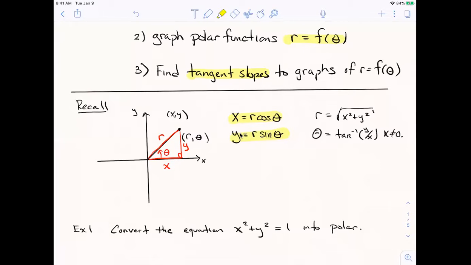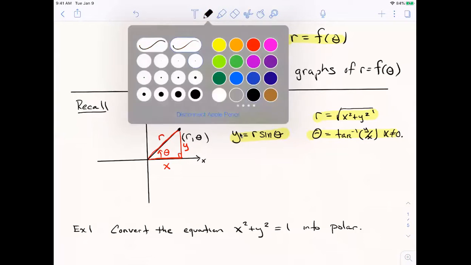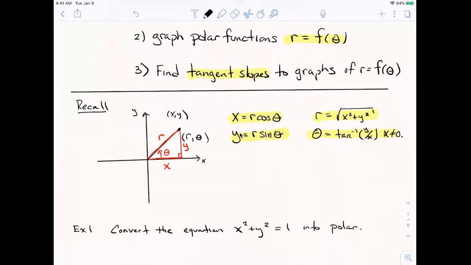And r is the distance in the xy plane, the square root of x squared plus y squared. And theta is the inverse tangent of y over x if x isn't 0. I'm going to put my famous quotation marks around that formula because you have to be a little careful with it.